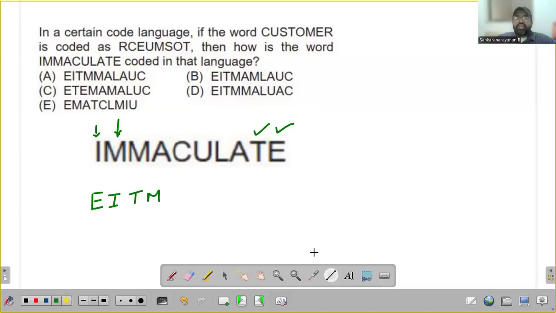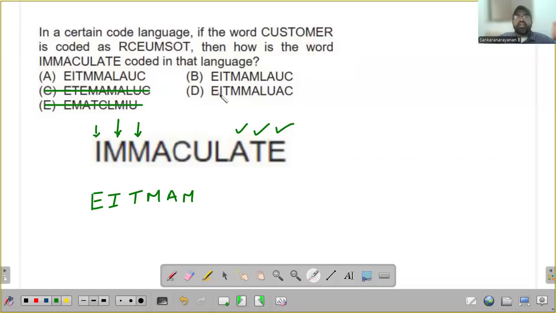When it comes to EITM, you can see that option E can be eliminated, and option C can be eliminated. So the first four are taken care of. Then it should be A, and then it should be M. EITMAM.